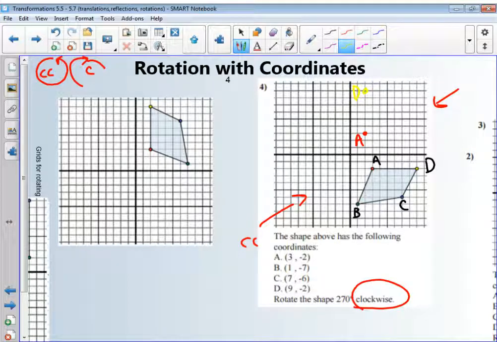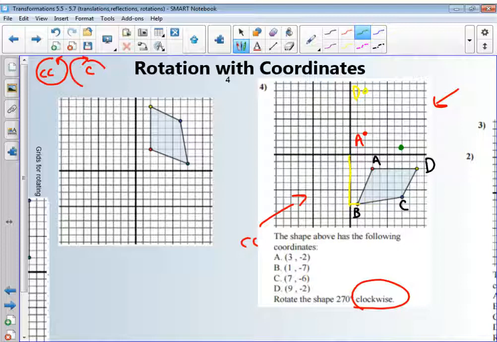Okay, so if I'm going to do the B, well, here it's out, what is that, 5, 6, 7, and then up 1. So we're going to go out 7, up 1. Oh, whoops.